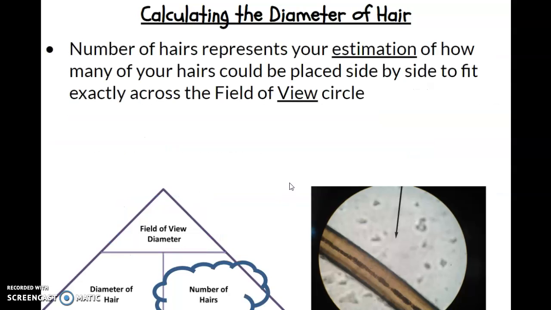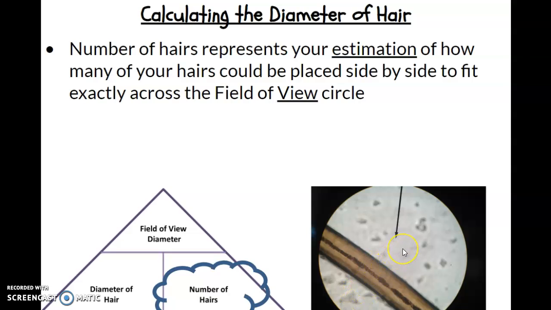So this number of hairs represents the estimation of how many hairs could be placed side by side to fit exactly across the field of view. So you want to know how many can you fit in there. So with this one, I would say I can fit another one over here for sure. Maybe two, like 1.5.